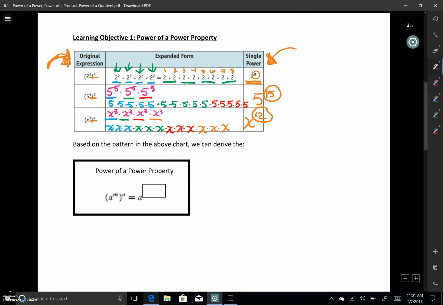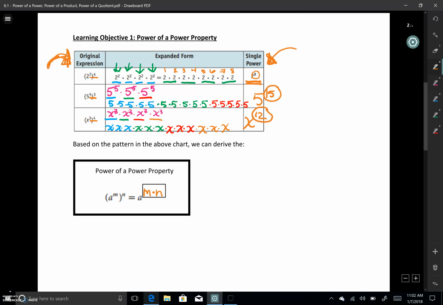So if I'm trying to find a pattern, I would have to say that the pattern I see is that when I multiply the exponents on the left, I get the exponent on the right. So power of a power property tells us that a to the mth power, all raised to the nth power, is a to the m times nth power.